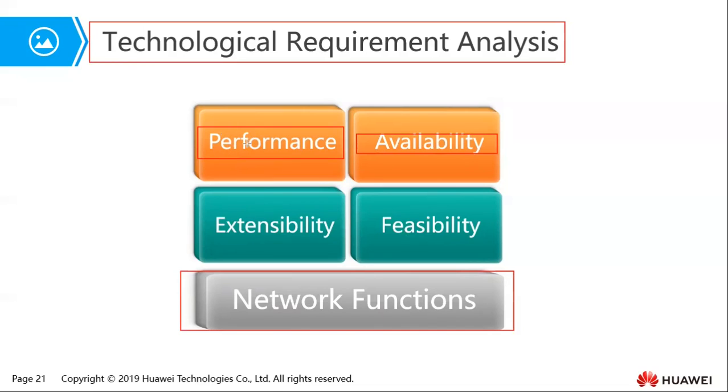So normally performance is affected by things like the bandwidth of the line, the bandwidth of the interfaces of your device, also the processing power, and the switching capacity of the devices that you're using. So in order to determine performance, you must consider some of those things.